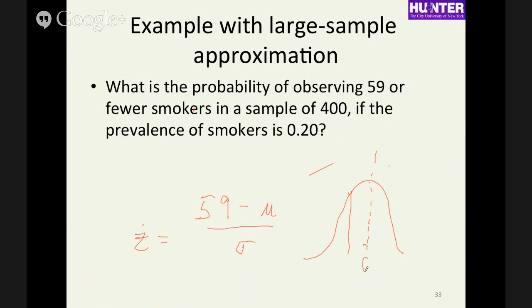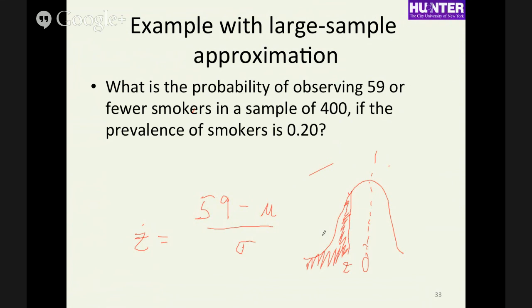This is 0, this is z, and we're going to want to calculate that left tail probability, and it's going to be something less than 0.5. It's negative because the observation is less than the mean.